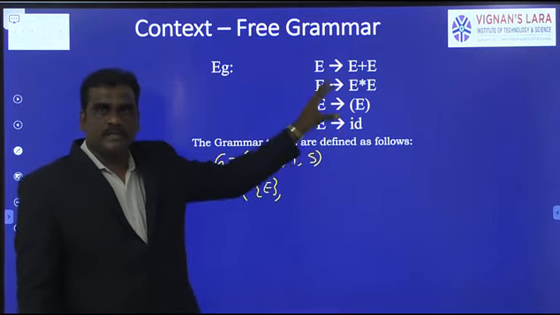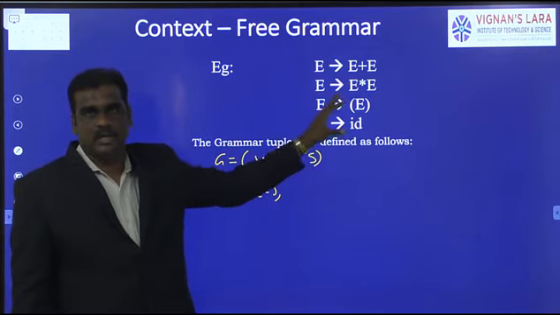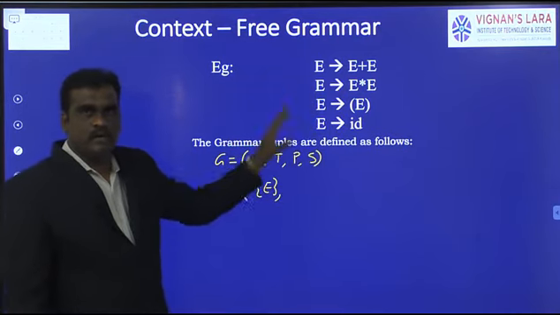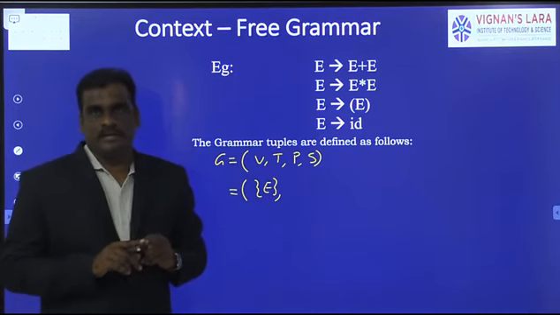The production means it is a collection of variables and terminals. So production means nothing but some symbols. We have only two types of symbols: one is a variable, second one is terminal symbols, non-terminal or terminal symbols.